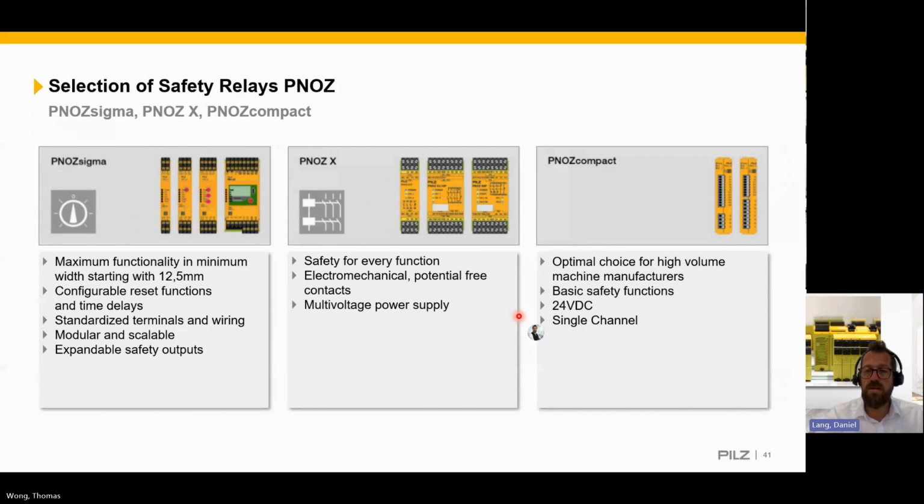And the Pnots Compact is mostly the optimal choice for high-volume machine manufacturers. Inside there are basic safety functions, only 24 volts DC, and it's also capable of single channel. These are the product families we have, and inside there are many safety relays.